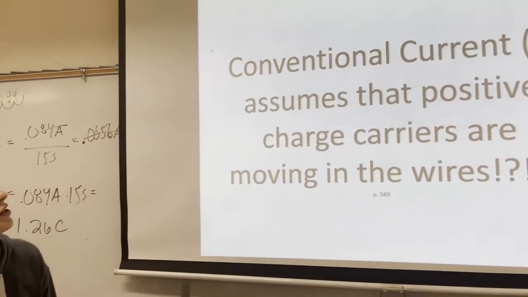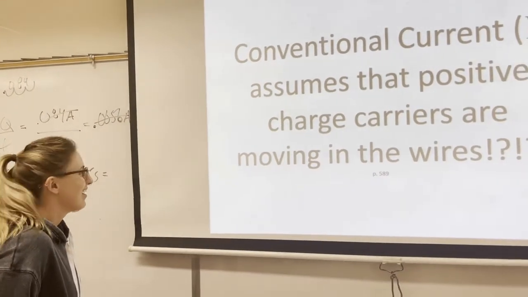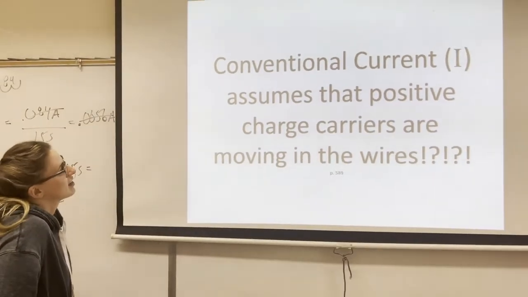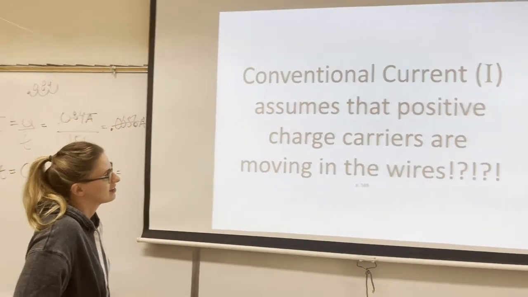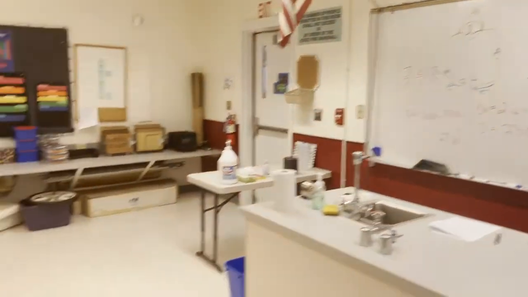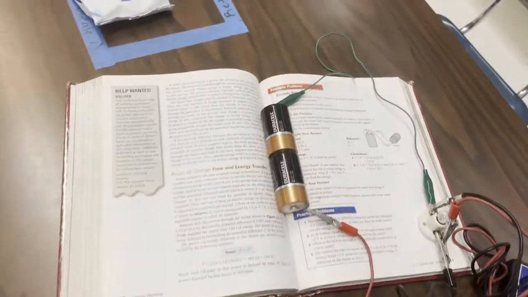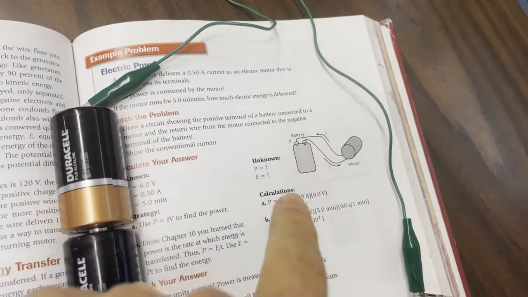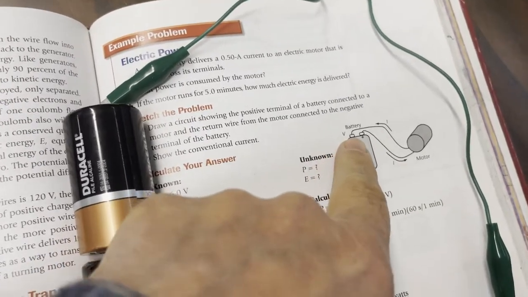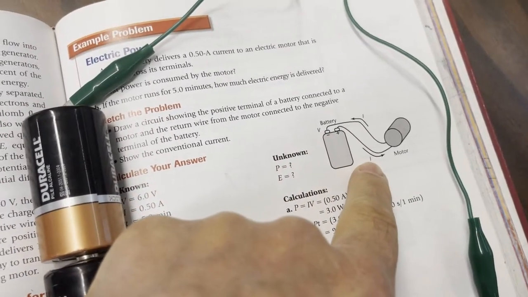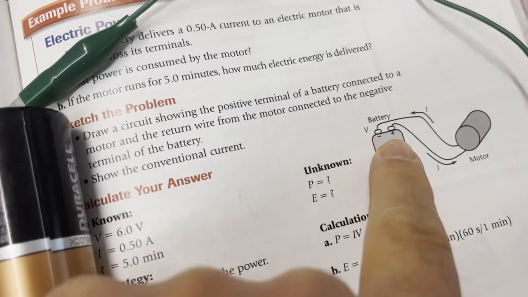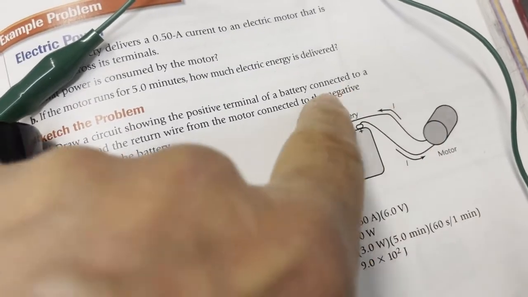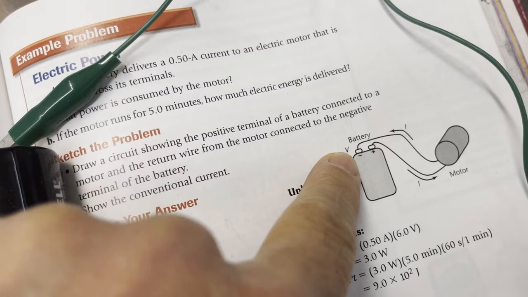Oh, conventional current. It is embarrassing to have to talk about this, but conventional current assumes that positive charge carriers are moving in the wires. I'm not making this up. So what does that mean, positive charge carriers? Instead of what's actually going on with electrons, you can see here this conventional current leaving the positive part and going into the negative pole of the battery.